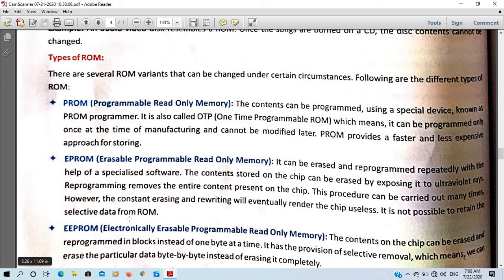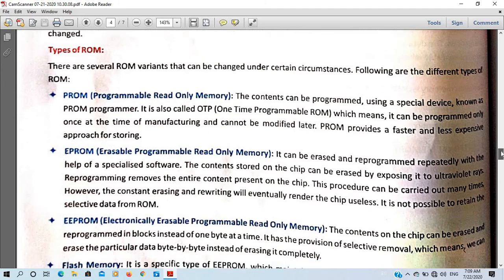So it is not possible to do a half erasing, or retain the selective data. We cannot keep the previous data that was on the ROM.